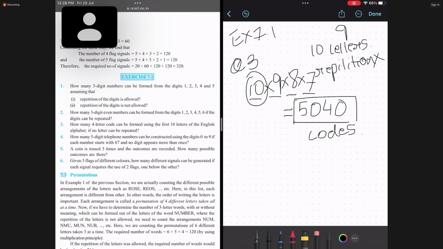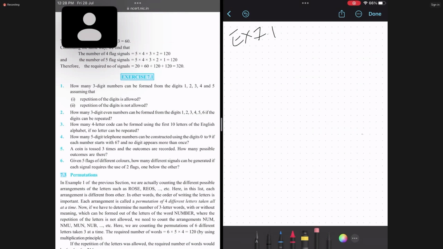Moving on, question number 4. We have been asked how many 5-digit telephone numbers can be constructed using the digits 0 to 9 if each number starts with 67 and no digit appears more than once. Okay, so this is interesting now.